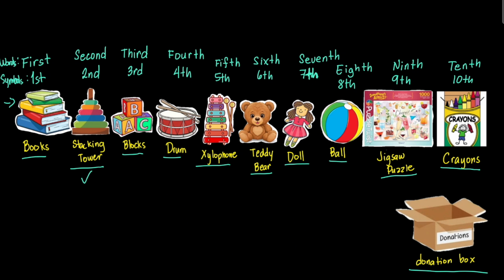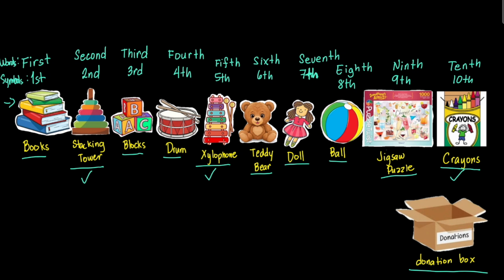How about the fifth one? If your answer is the xylophone, your answer is correct. Can you name the item on the 10th position? That's correct. The item in the 10th position is the crayons.